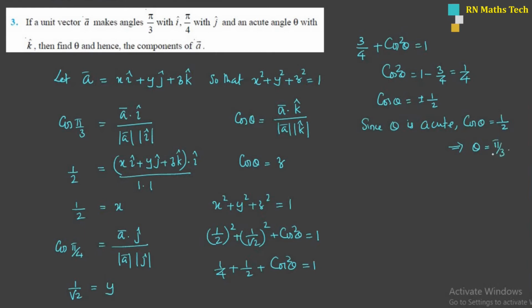Theta is pi by 3. Now the components of A bar: therefore A bar is equal to xi, that is 1 by 2 i, plus y, 1 by root 2 j, plus z. Z is equal to cos theta, that is 1 by 2 k. Okay.